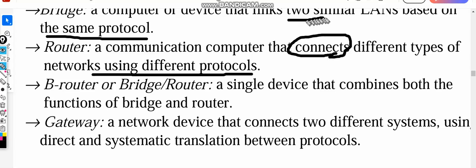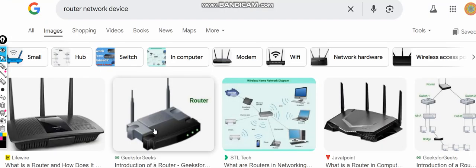But a bridge connects two similar types of LANs based on the same protocol. A router connects two different networks using different protocols. So this is a router.